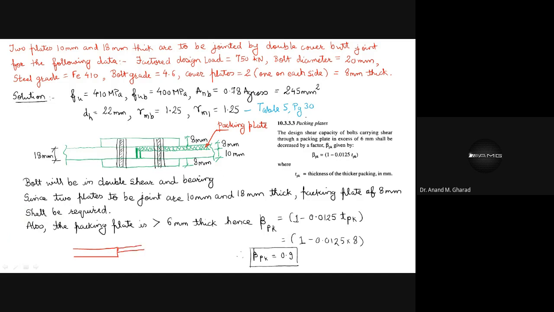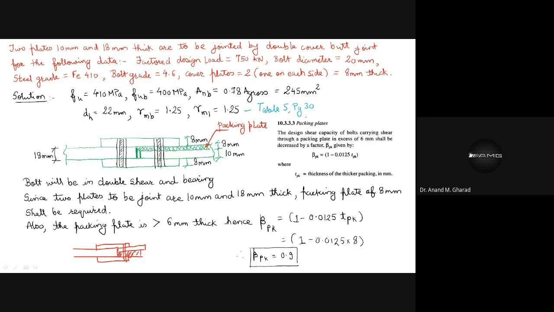This is the top cover, this would have formed the bottom cover, something like this. And then whatever is the blank space, this shaded portion, can be filled with the packing plate like this.